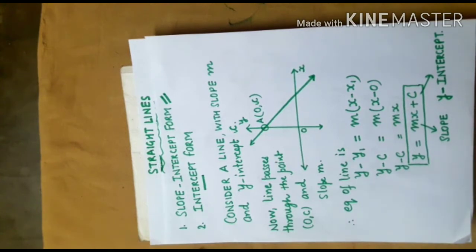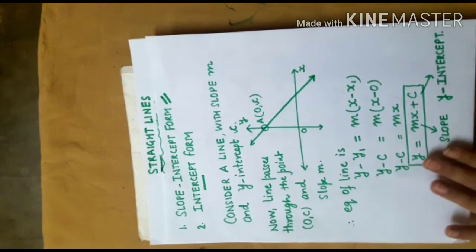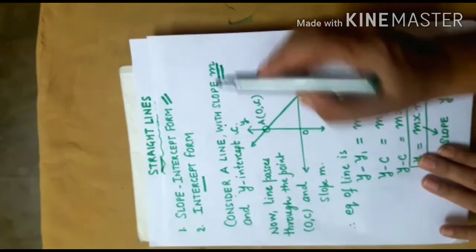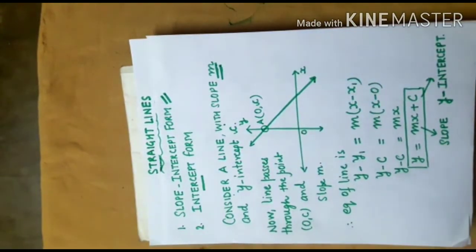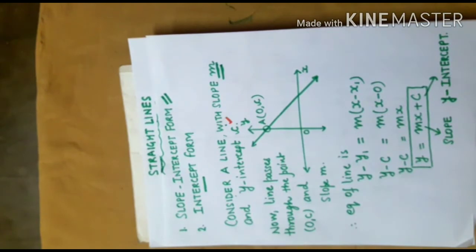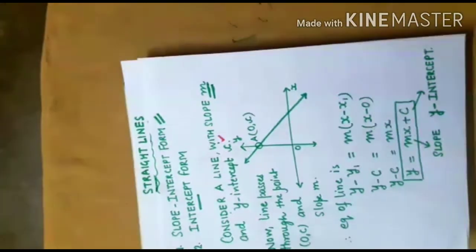Then how to write the equation of the line? So consider a line with slope m and y-intercept c. Now I have to write the equation of the line.